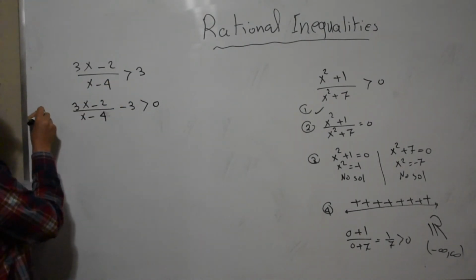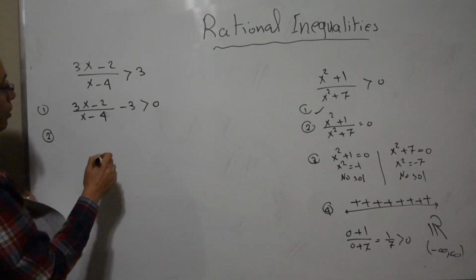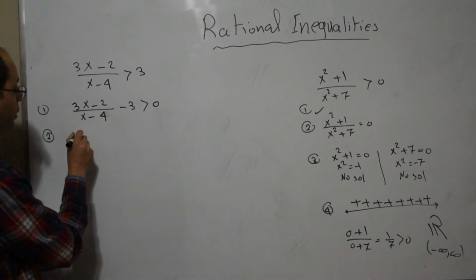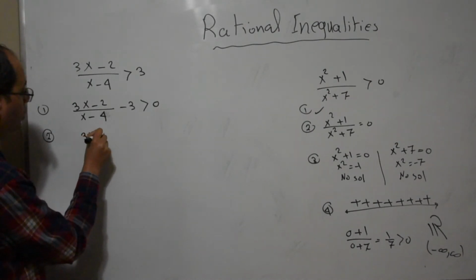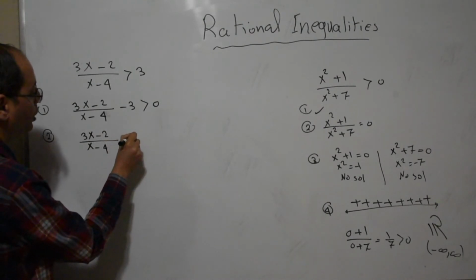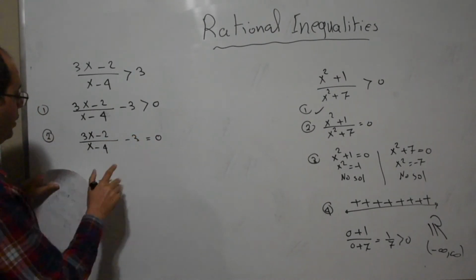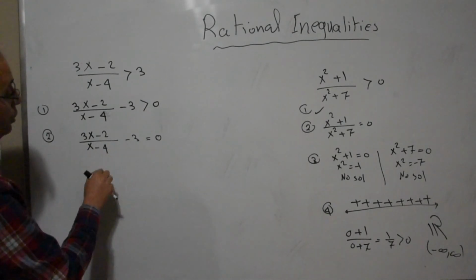Now this is step 1. Step 2, I set the inequality to make it an equation. So 3x minus 2 over x minus 4 minus 3 is equal to 0. Now I have to use a common denominator here.